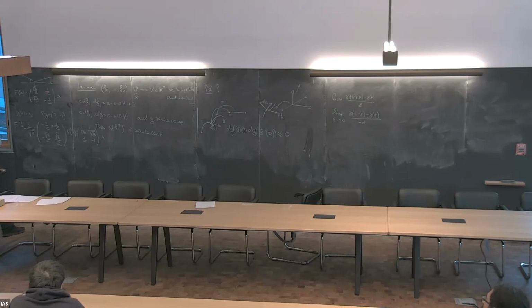But it doesn't even work with my proof, you mean? Yeah, I don't see why that condition dfj dg is less than 0 is satisfied.